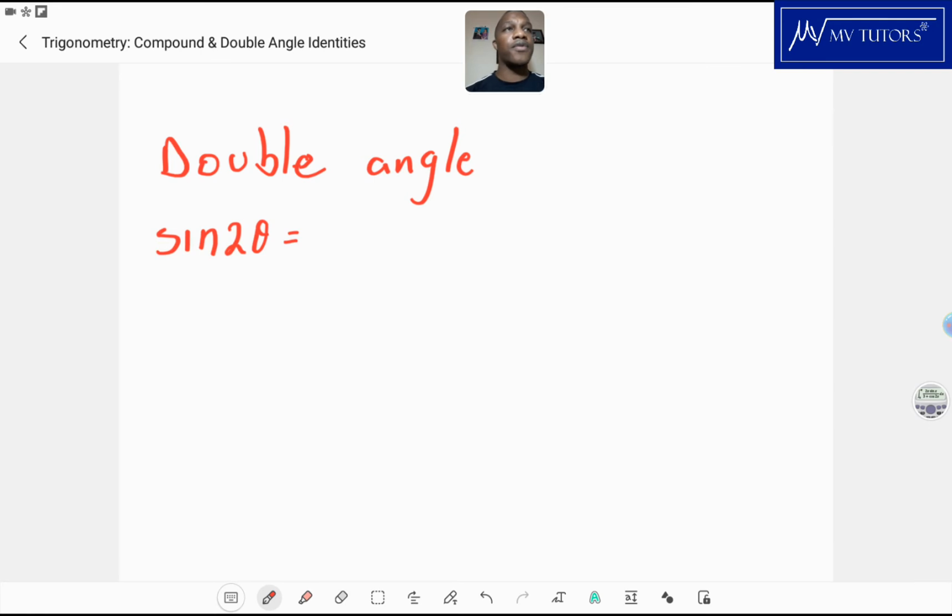If you have sine 2 theta, then the double angle there is 2 sine theta cos theta. And then the other one is cos 2 theta.